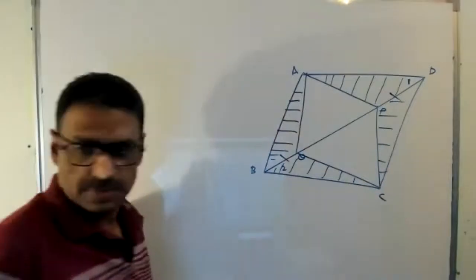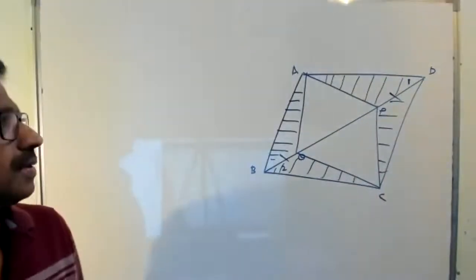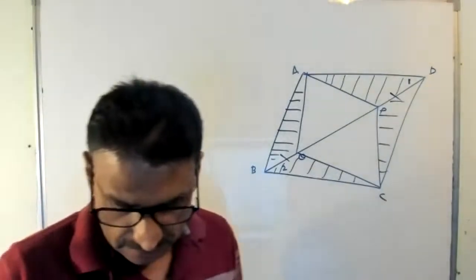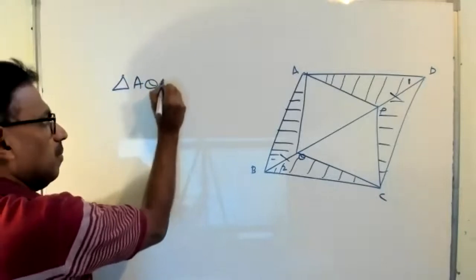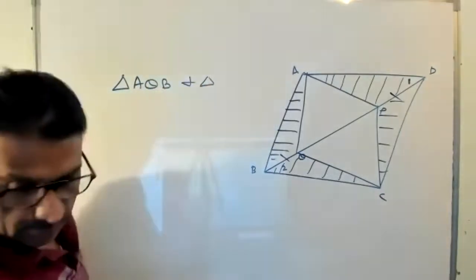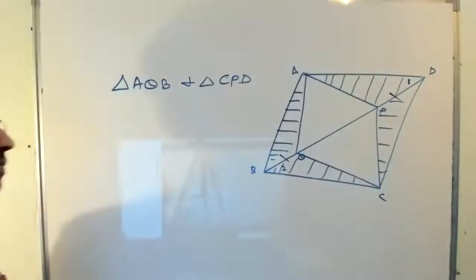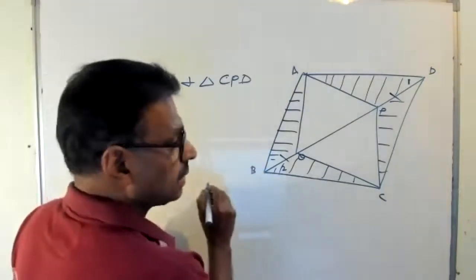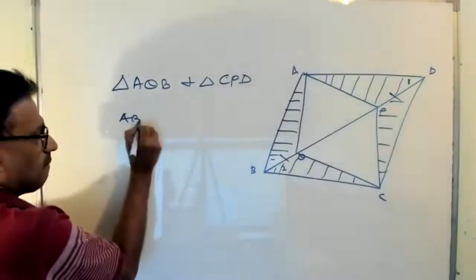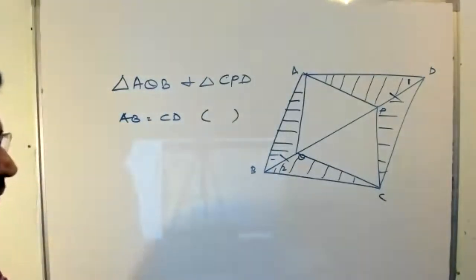My suggestion, Angit: triangle AQB and triangle CPD. Any side equal? AB and CD. AB equal to CD. You can write reason, opposite sides of parallelogram.